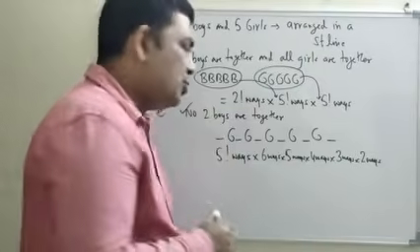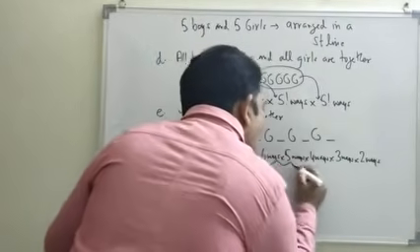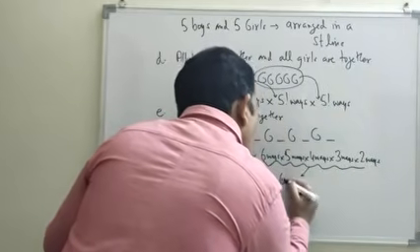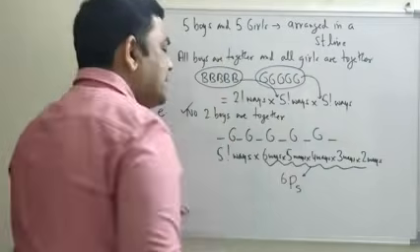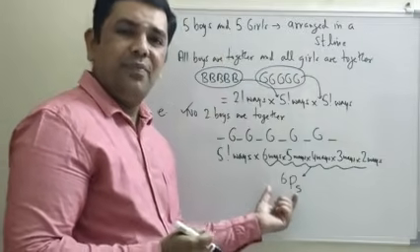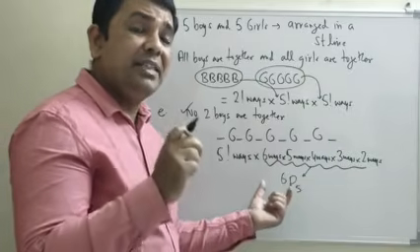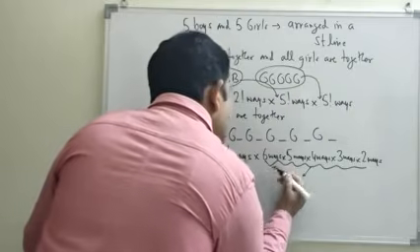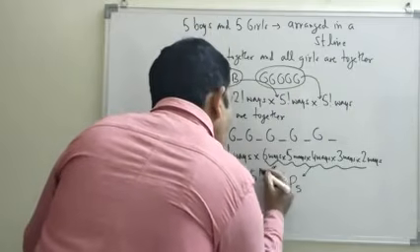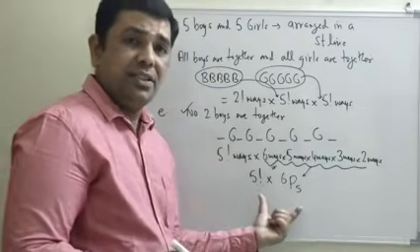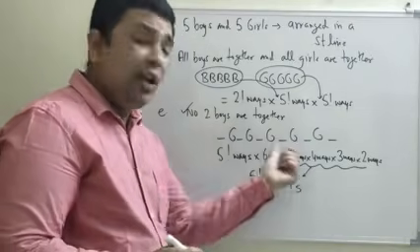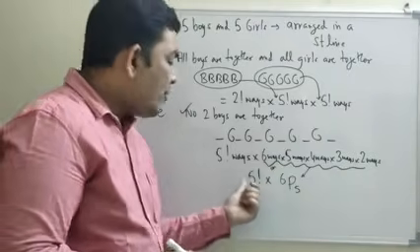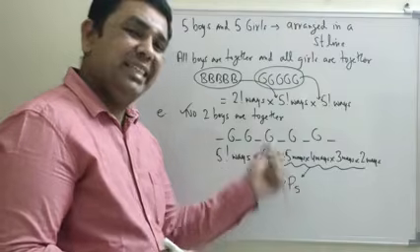Now let me tell you children, this part 6 into 5 into 4 into 3 into 2 can also be written as 6p5. So many times the answer to this question is also presented like this. Don't look only for this option. It could be written like this also. So 5 factorial into 6p5 is the same.